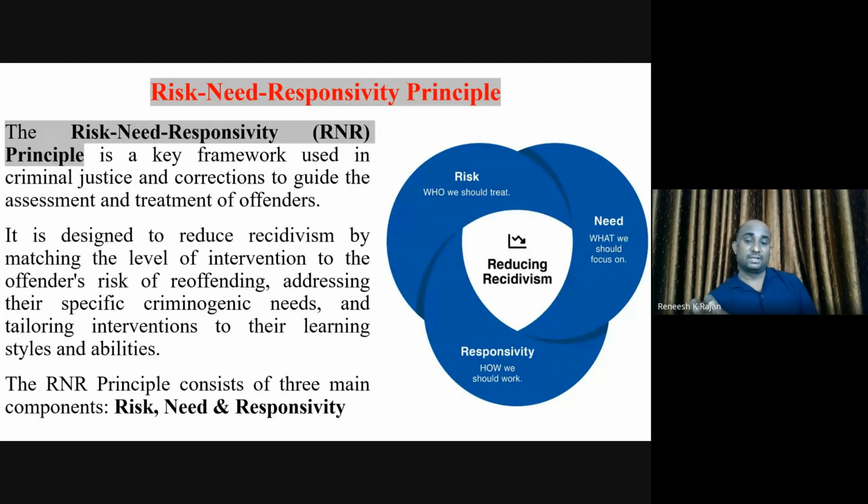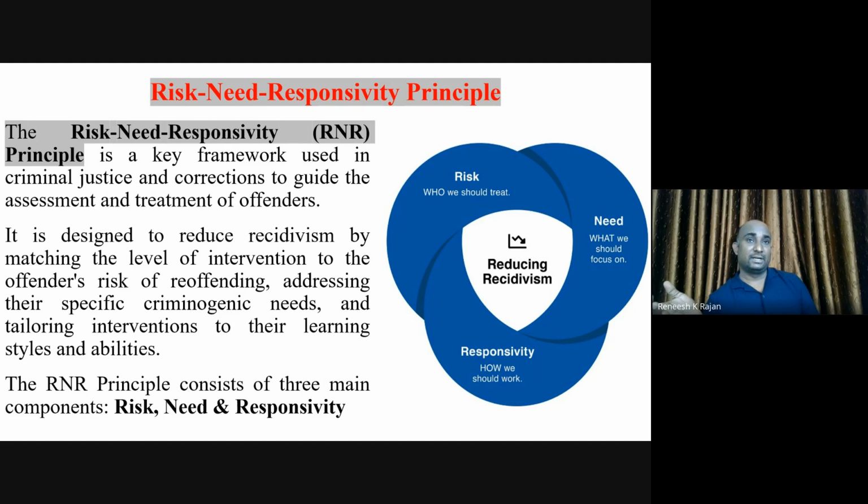And responsivity is actually nothing but how we should work. First we identify the risk level, then we classify them based on the risk level: low risk, medium risk, high risk. Then we try to identify their needs, why they are committing crime, what the crime causing factors are. Then based on that, the rehabilitation program. Responsivity means how we are going to treat them.